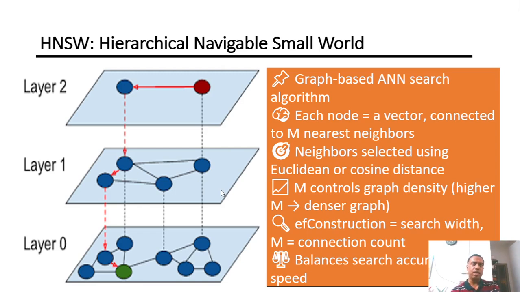If M tells us that we can have 16 friends, EF construct tells us how many people you need to interview to have those 16 friends. The higher the value of M, the denser it becomes; the lower the value of M, the sparser it is. So HNSW combines the navigable small world and the skip linked list.